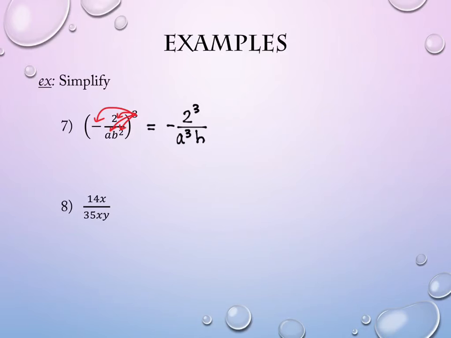And then I have that b squared cubed, which gives me, yeah, multiply, gives me a 6. Okay? So 2 cubed on top, a cubed on bottom, b to the 6th on bottom. I do still need to write that, if you haven't already, as an 8 on top over my a cubed b to the 6th.